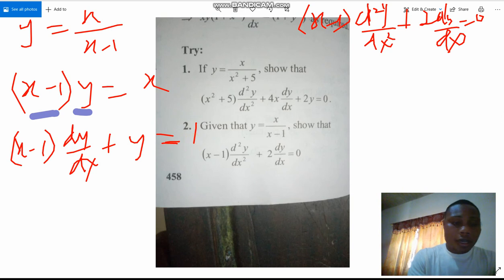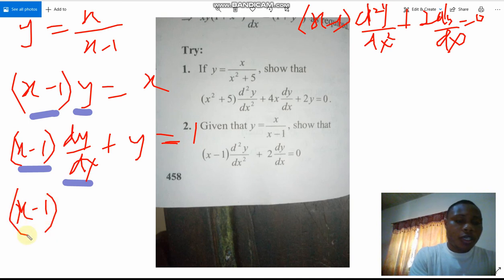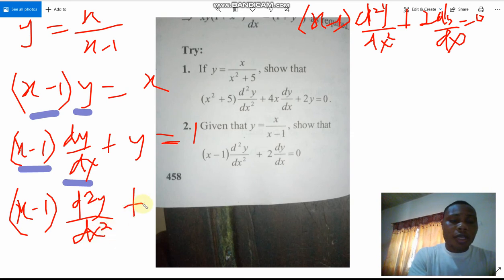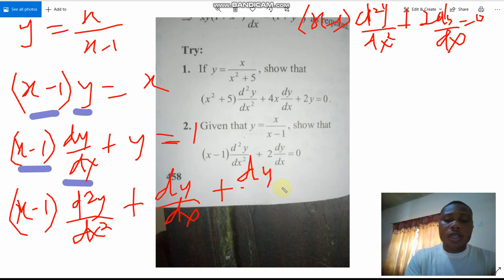This is also a product. I'll maintain x minus 1, differentiate dy/dx, I'll get the second derivative part. Plus, I maintain dy/dx, I differentiate this one, I'll get 1, which is still dy/dx. Plus, I differentiate y, I'll get dy/dx. If I differentiate 1, I'll get 0. So finally, I'm going to get something like this.